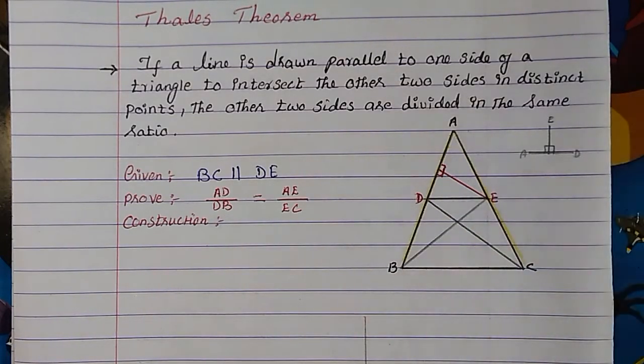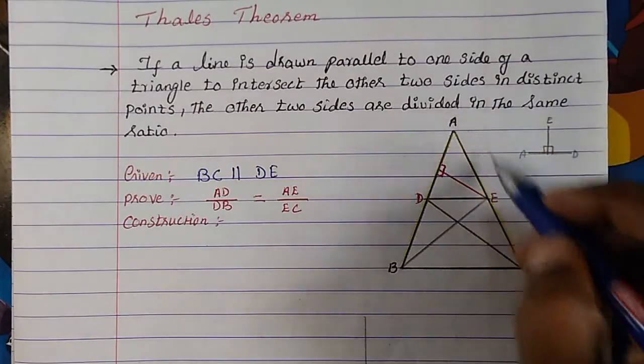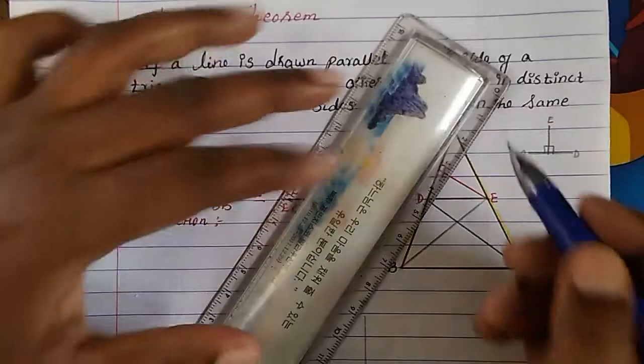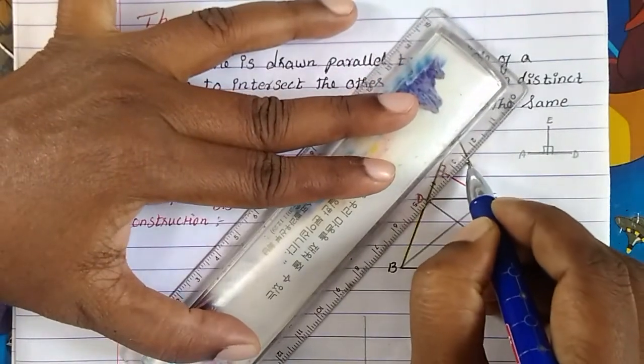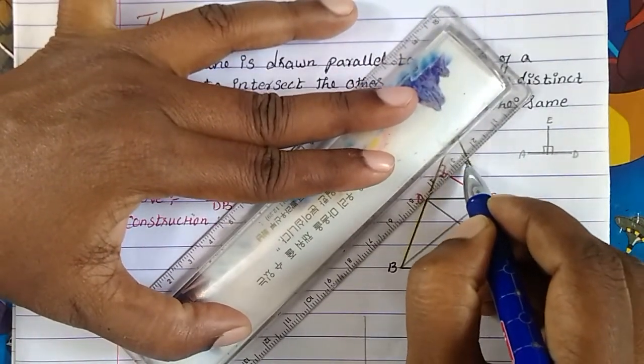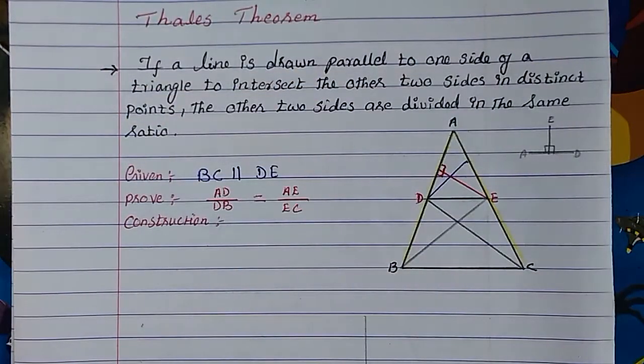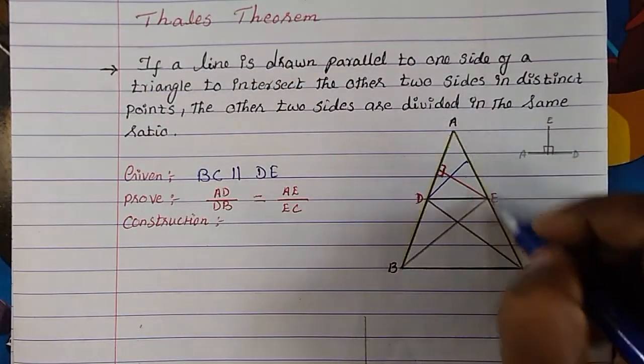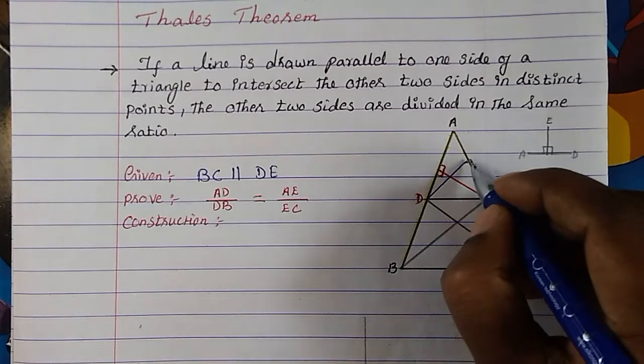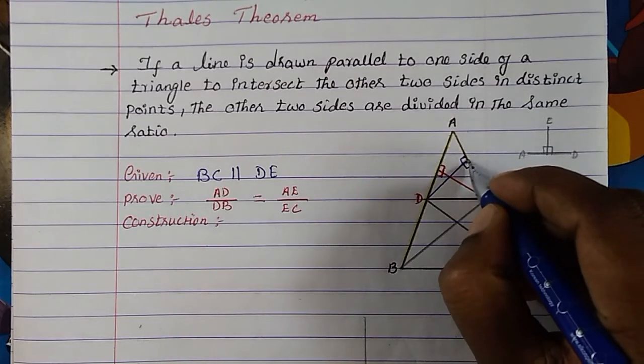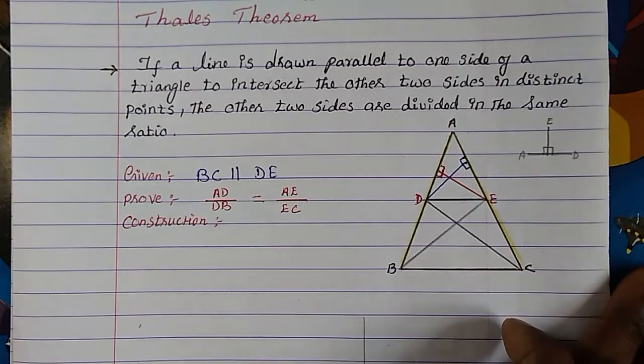Same way, we have to draw from D a perpendicular line for AE. AE becomes the base and this becomes the perpendicular line, making 90 degrees. Okay, so this is the construction we are doing.